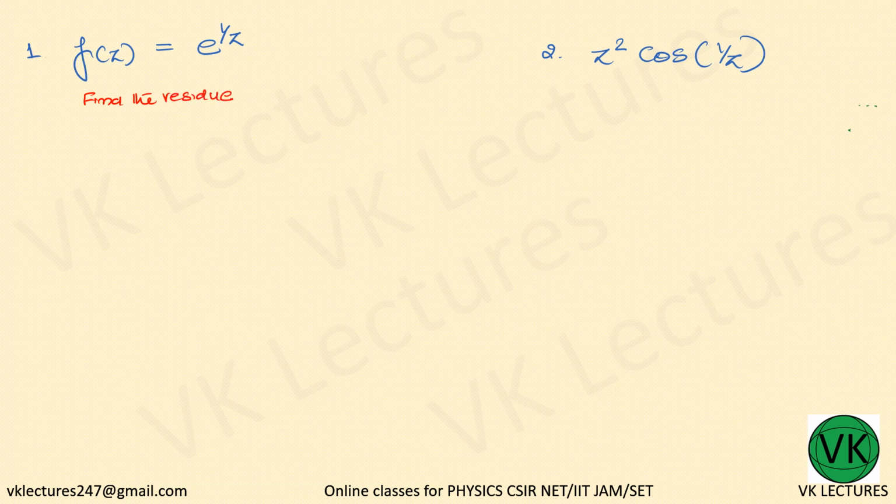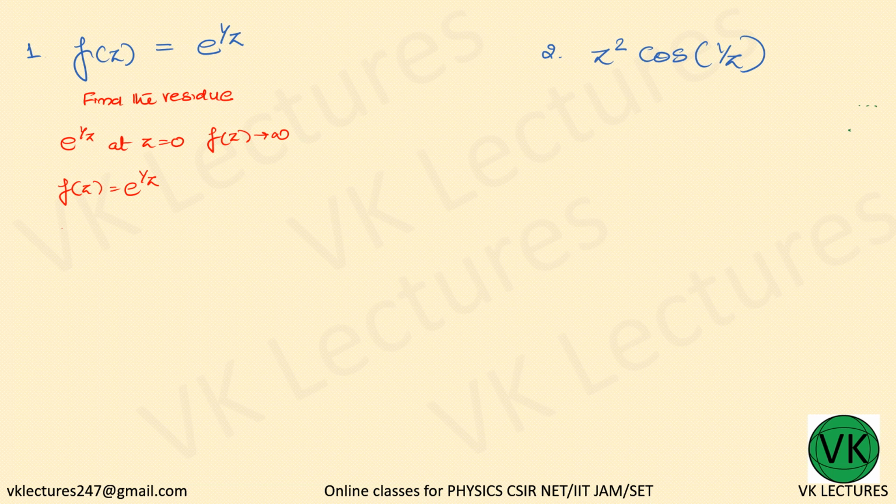So when we write e to the power 1 by z at z equal to 0, we have f of z equal to infinity. So at z equal to 0, we have the singular point where the function is not defined. So f of z equal to e to the power 1 by z.